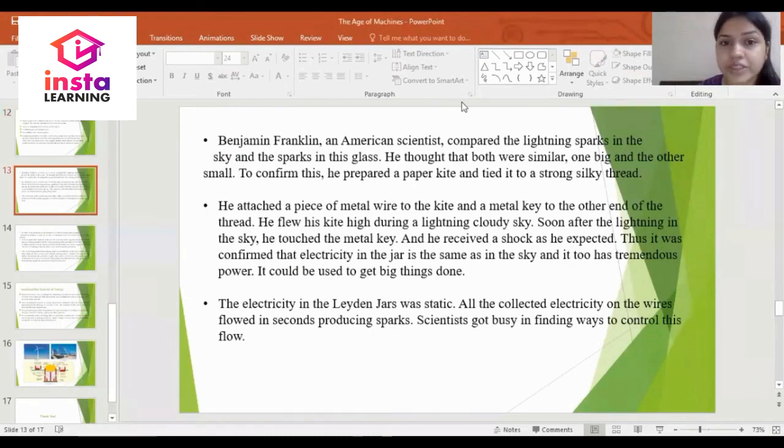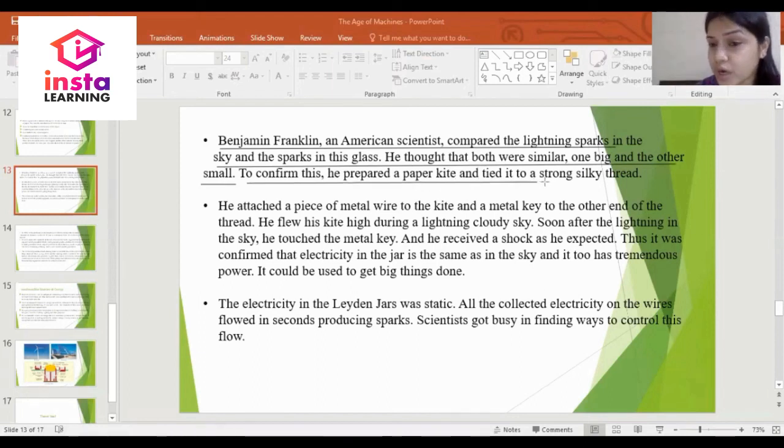As I am highlighting it, Benjamin Franklin, an American scientist, compared the lightning spark in the sky and the spark in the glass. He thought that both were similar, one big and the other small. To confirm this, he prepared a paper kite and tied it to a strong silky thread.